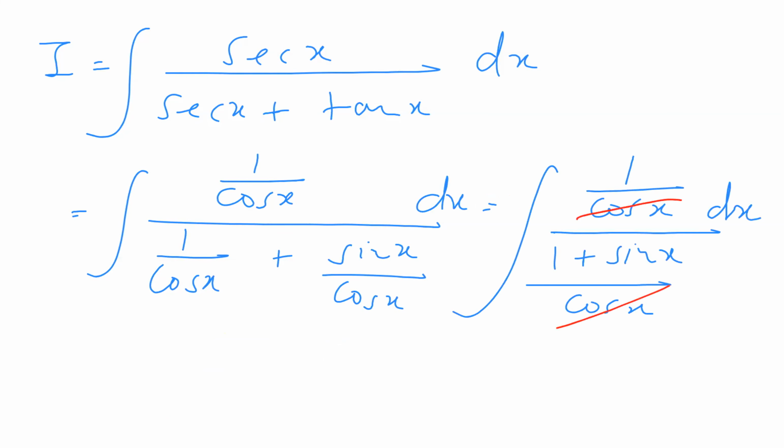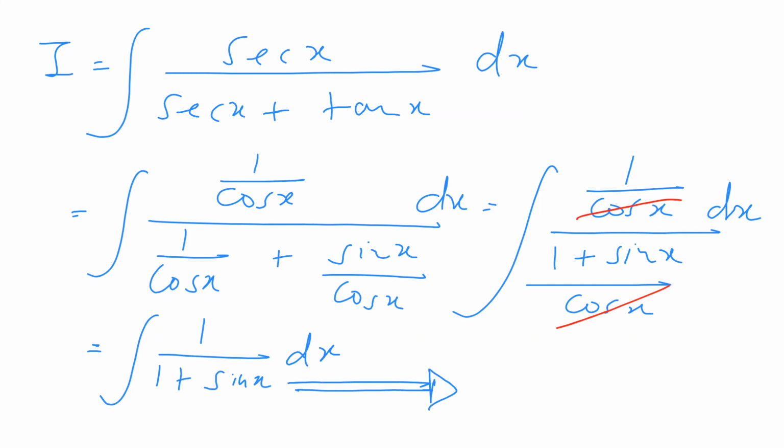This cos and this cos is getting cancelled, and we are left with 1 upon 1 plus sin x dx. Now how to solve this? We have already solved such kind of a problem, wherein if there is 1 plus sin or 1 minus sin in the denominator, multiply and divide with the conjugates. So this I'm not going to solve further, right?